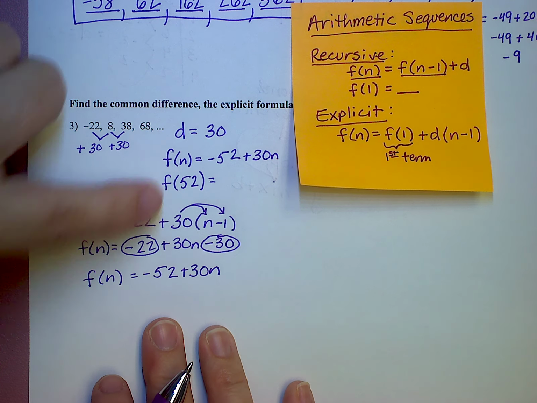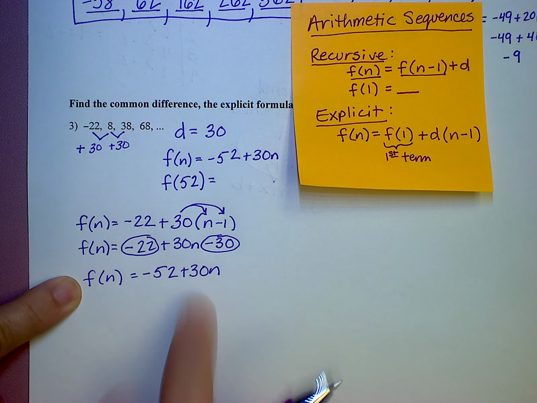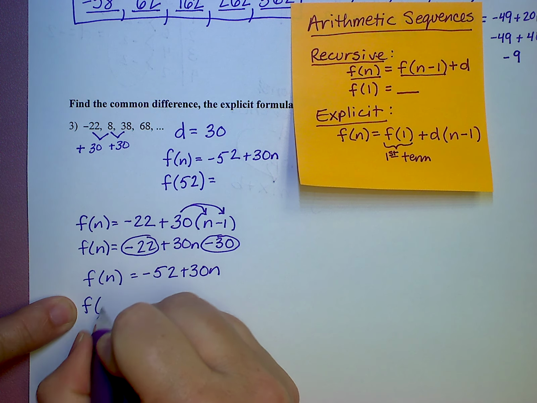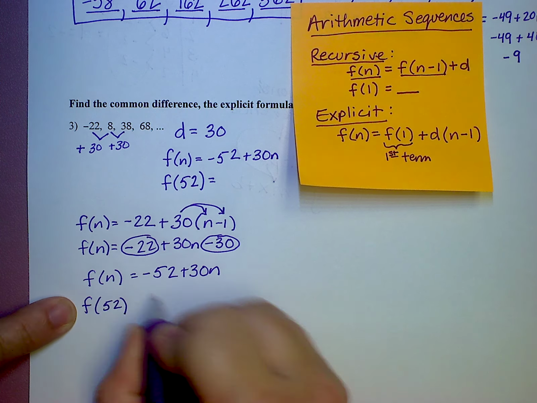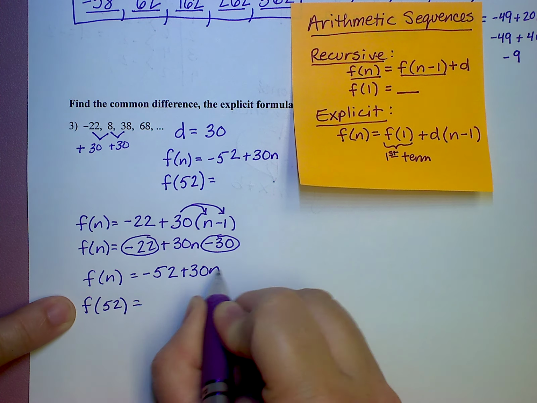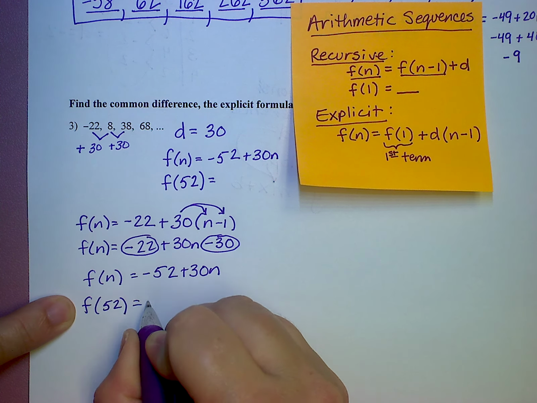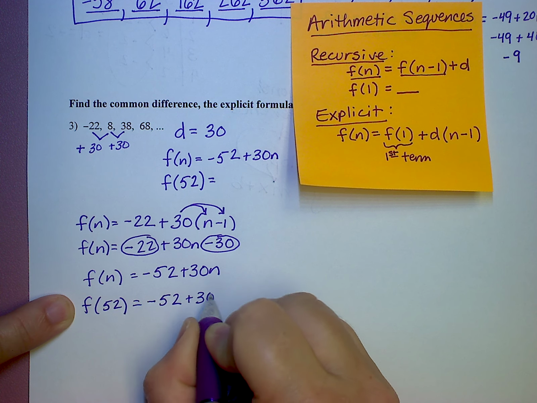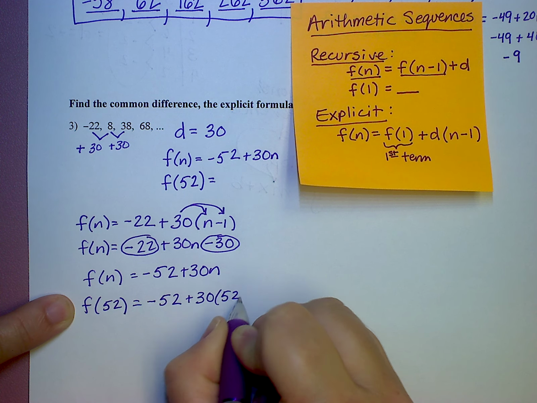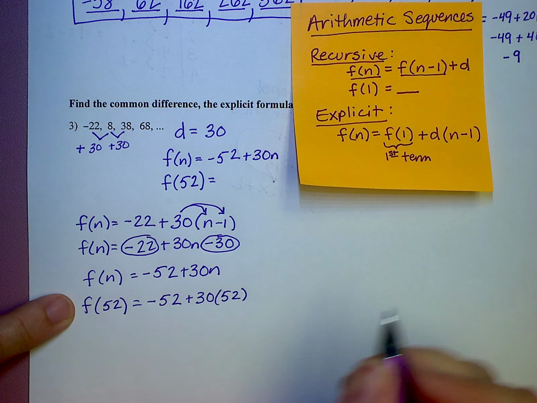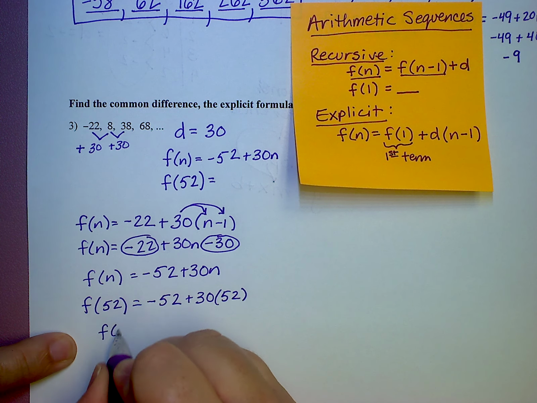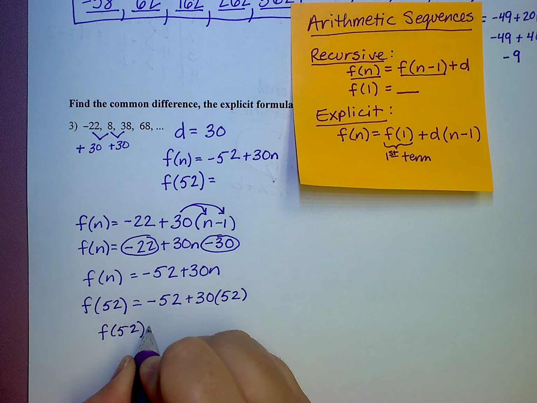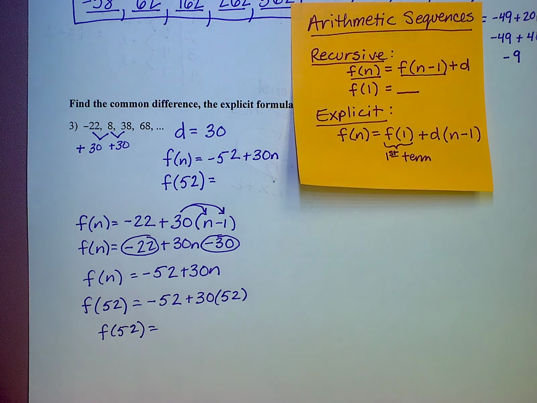How do I find f of 52? Well, I take the formula I just got, and to find the 52nd term, I plug in 52 right here for n. So negative 52 plus 30 times 52. So let's see.